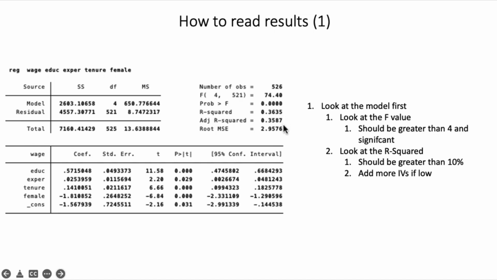You compare the r square with the adjusted r square and see whether they're similar to each other. If r squares are very low, you might want to include additional independent variables into the mix. If there is a difference between adjusted r squared and r squared, you might want to reconsider the independent variables that you've added into the model. That's just looking at the model fit first.